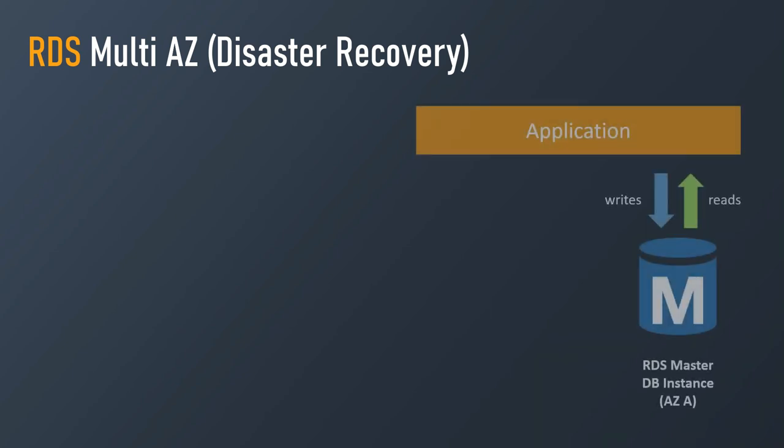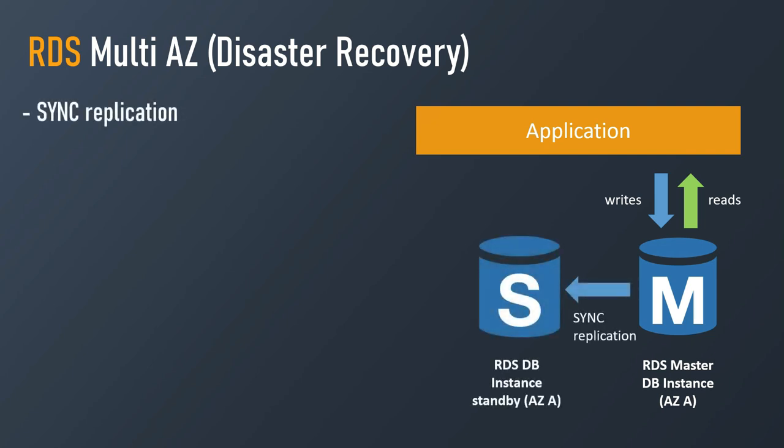So now finally let's talk about RDS multi-AZ. Multi-AZ is mainly used for disaster recovery. So we have our application and it performs the reads and writes to our master database instance, which is in availability zone A, and what we have is a synchronous replication to a standby instance in AZ B, and they will replicate every single change in the master synchronously.